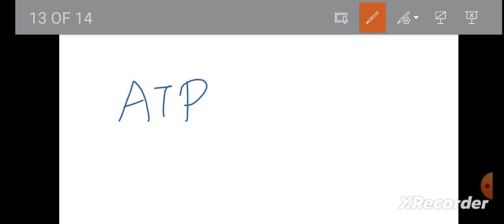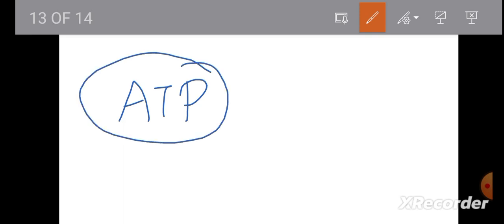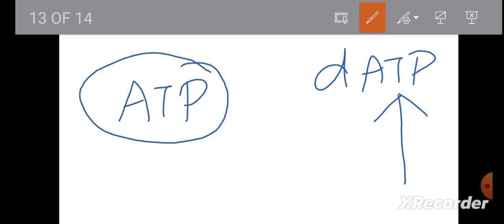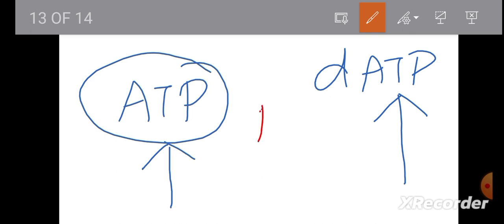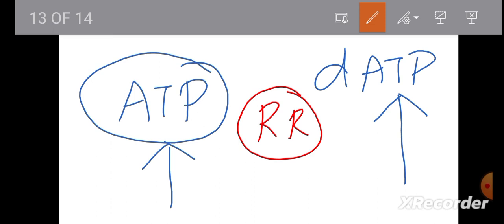When the ATP concentration is high in the cell, meaning the concentration of deoxyadenosine triphosphate has increased, ATP binds to the ribonucleotide reductase.